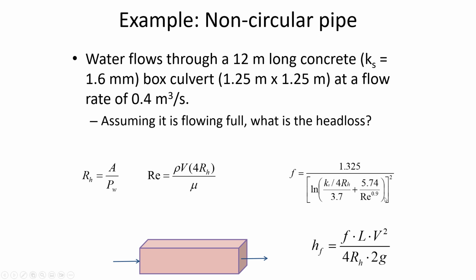And then in the other term within the Jain equation, we are calculating the Reynolds number with the same 4 times hydraulic radius. So you get the idea, I think. It's just a simple substitution, and that allows you to calculate the effect of pipe friction on non-circular conduits.